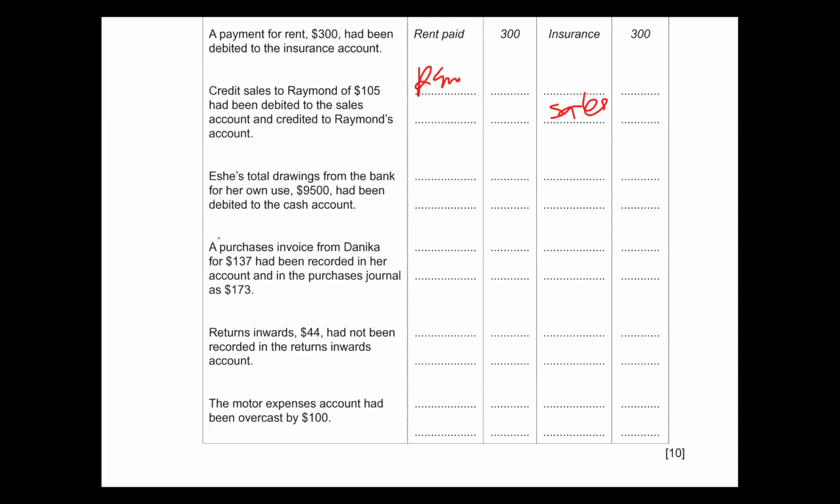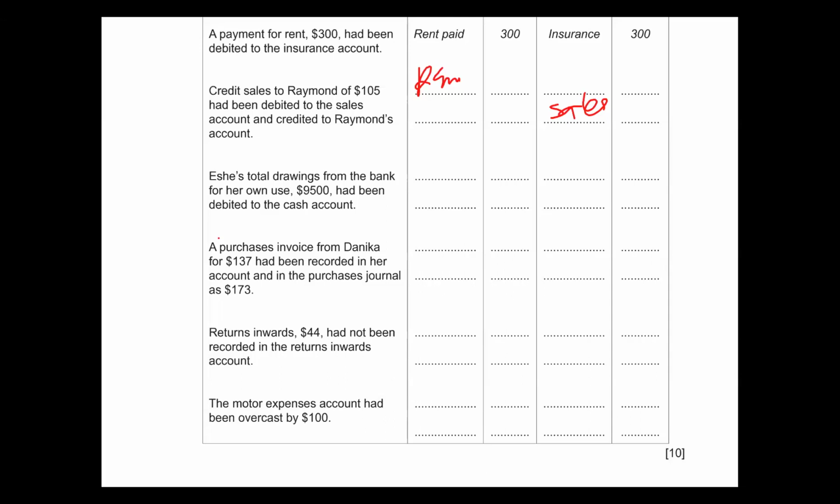Now, you see how we were correcting this error. What kind of error is this one? An error where you debit the wrong account.